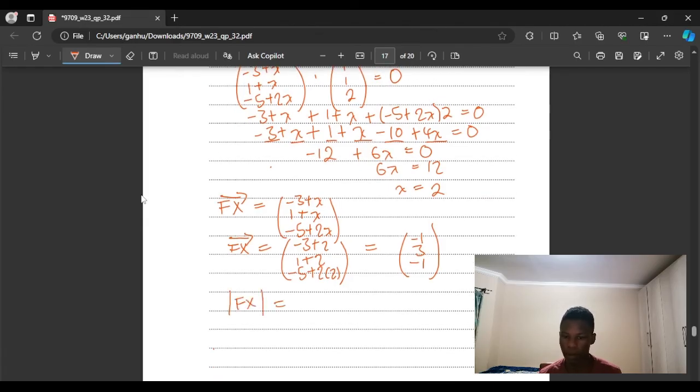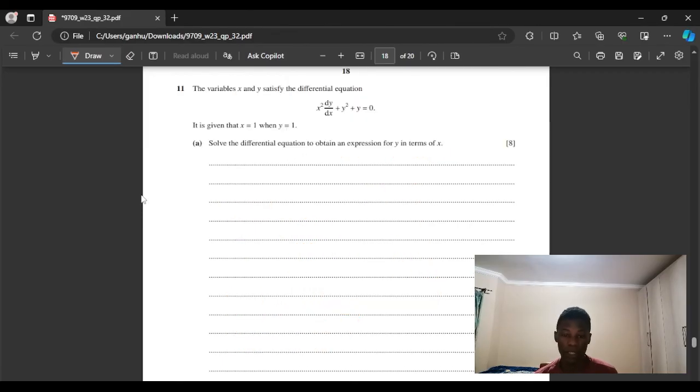Now let's find the magnitude of FX, which is equal to the square root of negative 1 squared plus 3 squared plus negative 1 squared. So that means that the length of FX is equal to the square root of 1 plus 9 plus 1, so that's root 11.